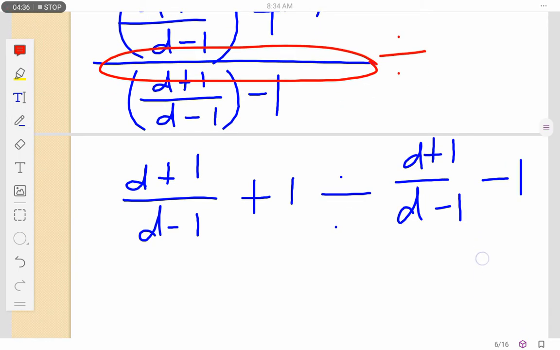I would like to find the lowest common multiple for the first one, and then I'll go for this one.